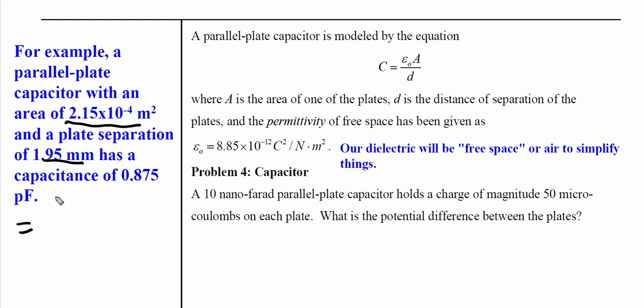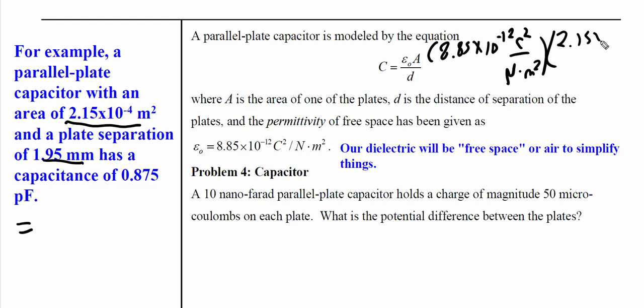So we would do the 8.85 times 10 to the negative 12 coulomb squared over newton meter squared, and then multiply that by the area, and then divide that by the distance between them. And it's millimeters, so I'm going to make it into meters. You'll notice, for example, that the meters squared cancel out, and you can do some fancy stuff with the newtons and the coulombs, and you'll get the capacitance.